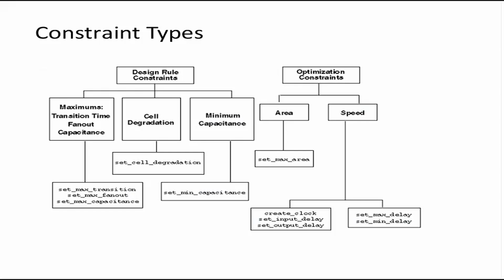Meanwhile, I would like you to go through the man page and the help of these commands. I would like you to focus on these three commands: set_max_fanout, set_max_transition, and set_max_capacitance. Although I would not recommend using these in the initial trials of a design. These can be used later, but it's good to know what they do. So it will be useful to study the man page and the help of these commands.